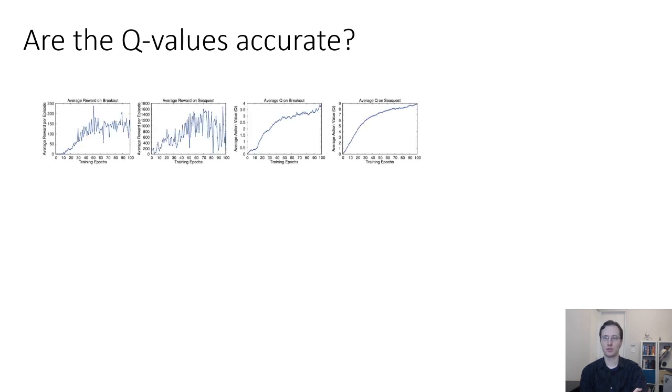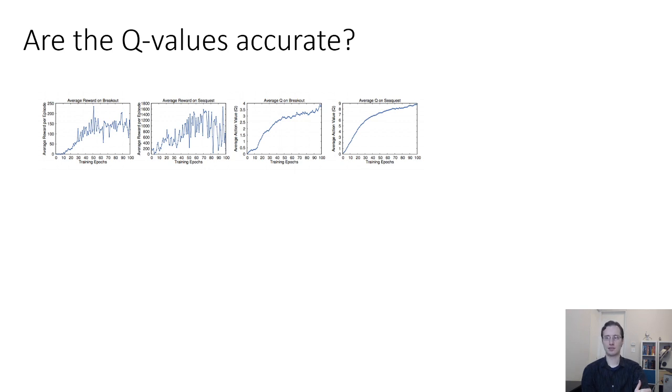If we look at a basic learning curve, where the x-axis is the number of iterations of Q-learning that we've taken, and the y-axis is the average reward per episode, and we look at it on a bunch of, let's say, Atari games, we'll see that for all of these games, our average reward per episode is going up, so things are getting better.